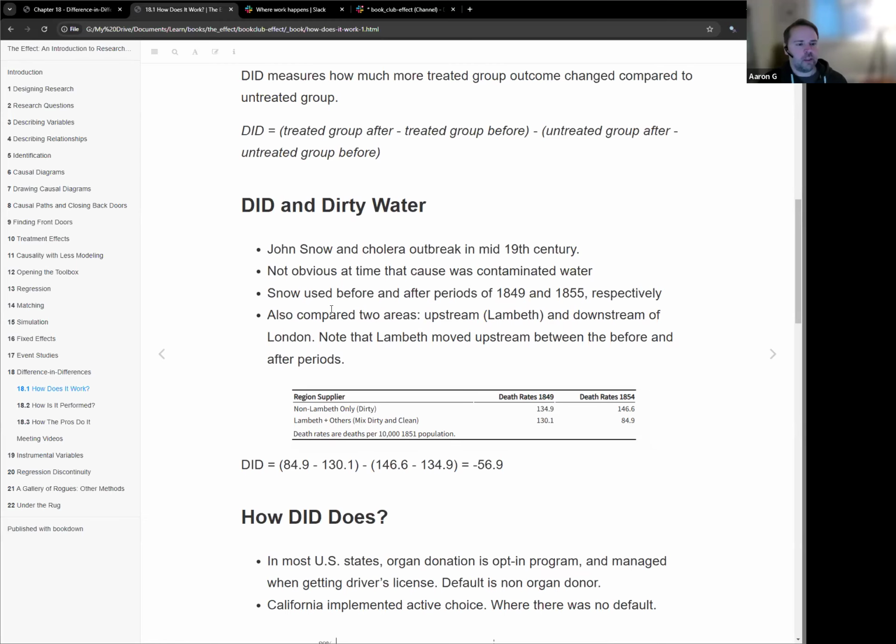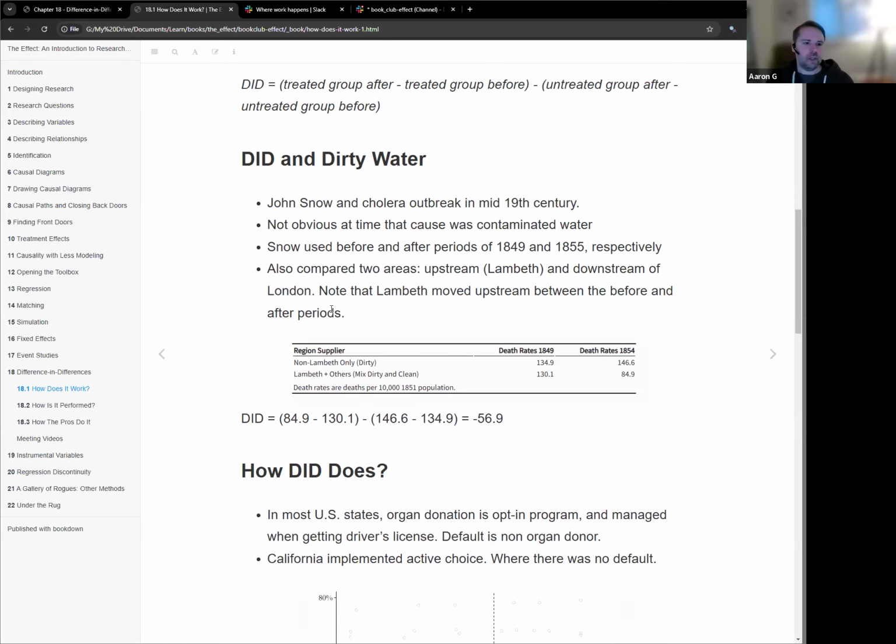Okay, so the book goes through a couple fairly straightforward examples. The first one was with John Snow and a cholera outbreak that happened around London in the mid 19th century. I'm familiar with this case.